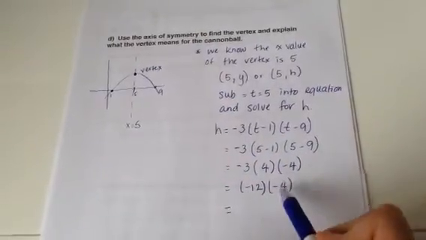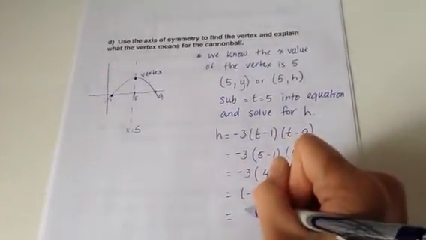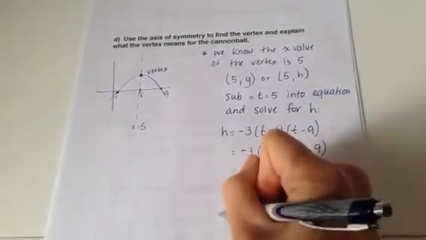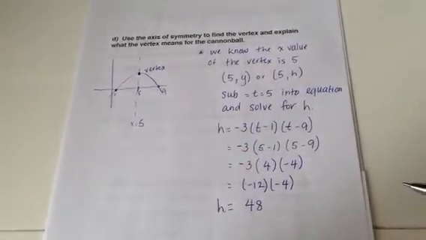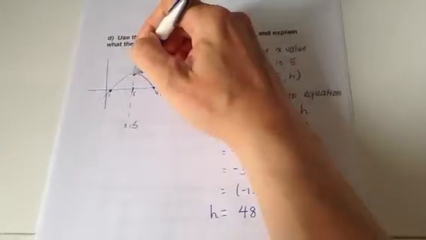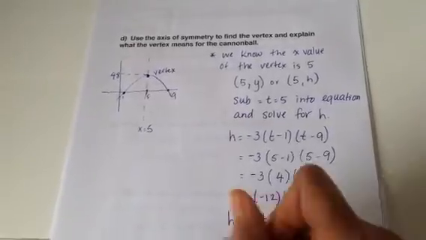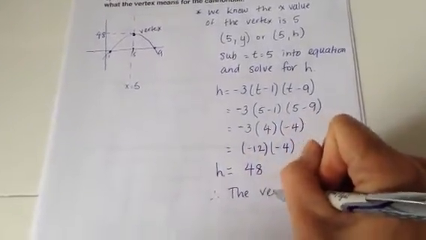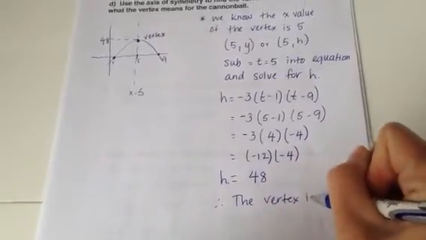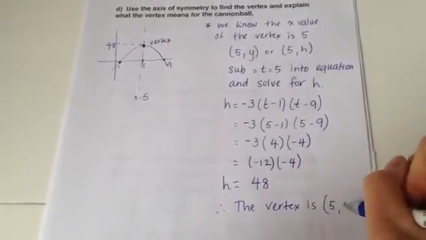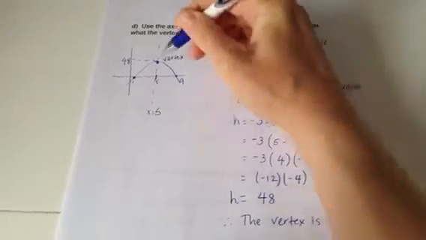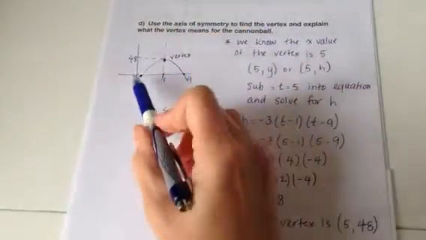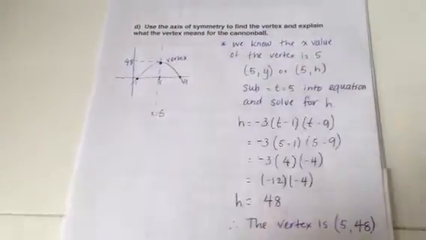Negative 12 times negative 4 is positive 48. So we have an h of 48. That means that our height here is 48. So therefore, the vertex is (5, 48). The point that the vertex occurs is (5, 48).